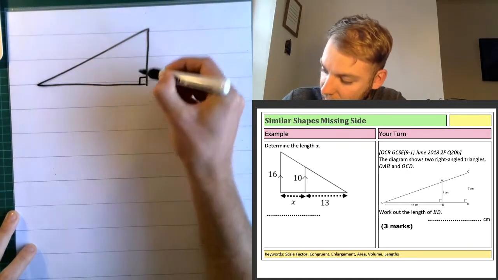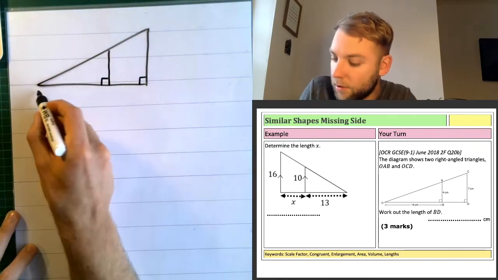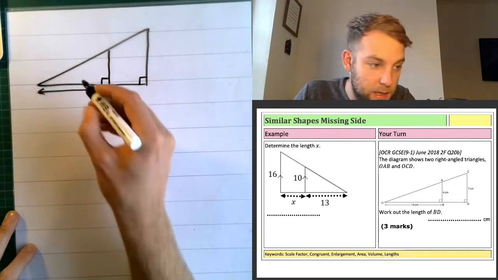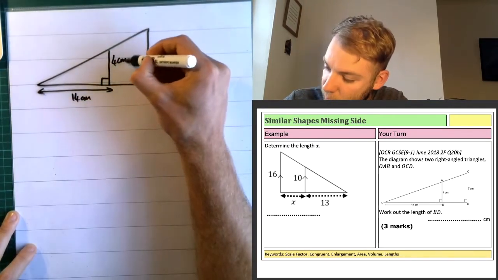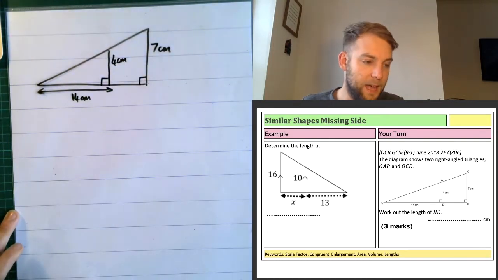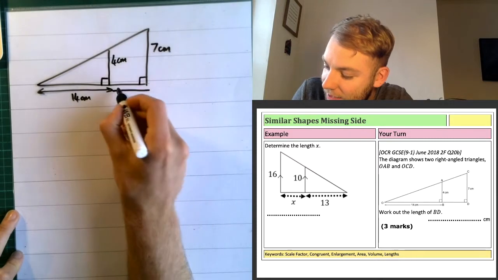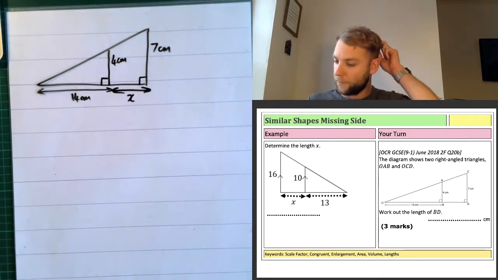We've got a right angle there. That one coming up here. A right angle here. This one here is 14 centimeters. This height here is 4 centimeters. This one here is 7 centimeters. And I'm trying to find out, again, this shorter length here, which is the B to D. So I'll call it X for now.